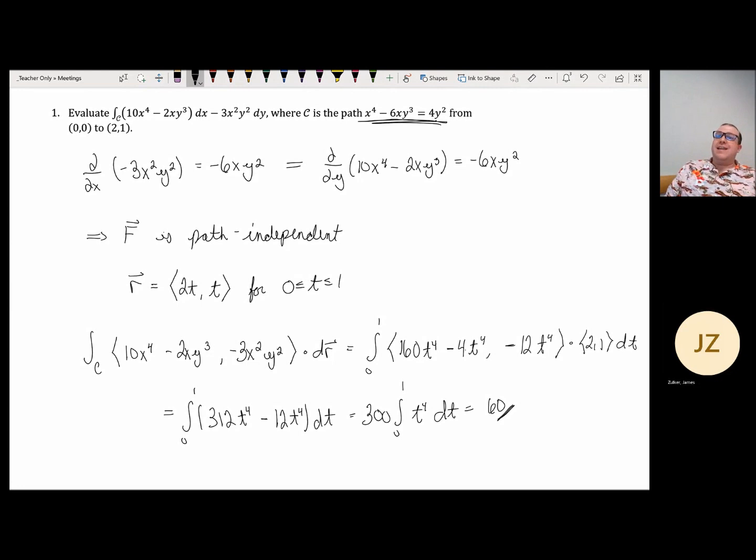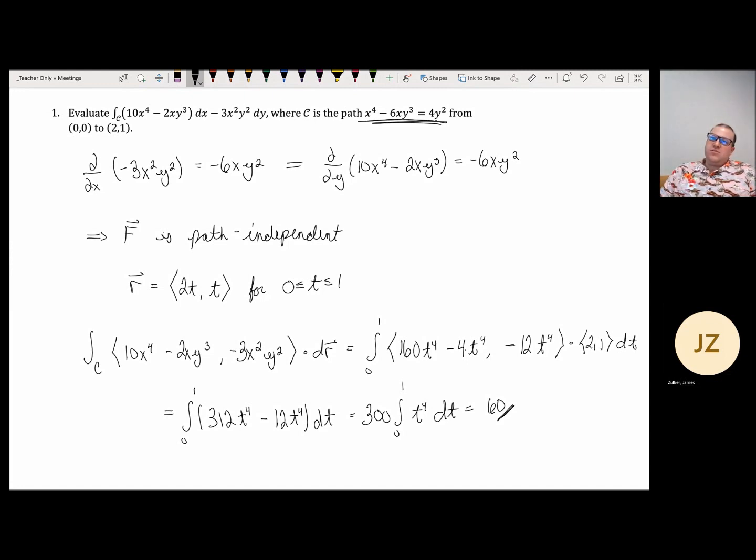That is not the path that I used. I used a simpler path. And I can do that because it's path independent. All that matters is your starting point and your ending point. So any path from 0, 0 to 2, 1 gives you the same result.